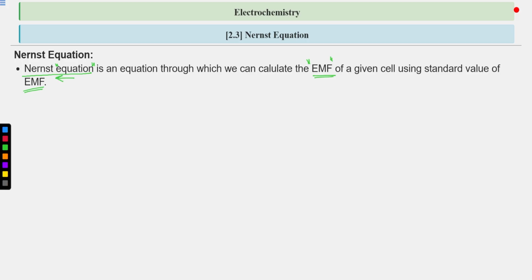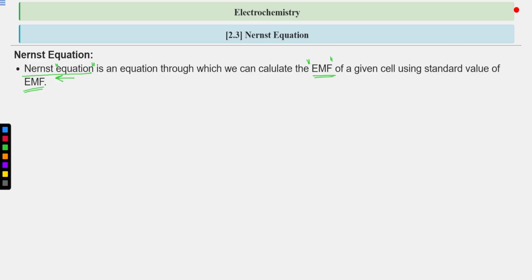Now, the standard value of EMF means the values which are already defined. Previously, we have studied the electrochemical series, right? The series where the reaction is given with the reduced form and the oxidized form of an ion reacting, and their reduction potential or E0 value is also given.